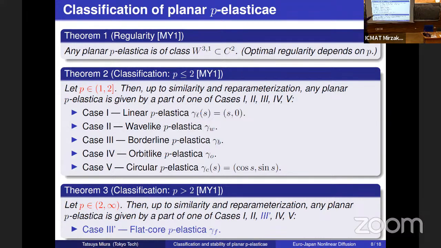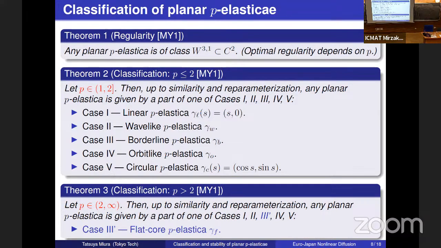But anyway, we have two almost trivial cases. One is linear elastica, which is a segment, and the other is circular elastica, which is just a circle. And the intermediate cases are special curves for this problem. Anyway, we have 5 cases.